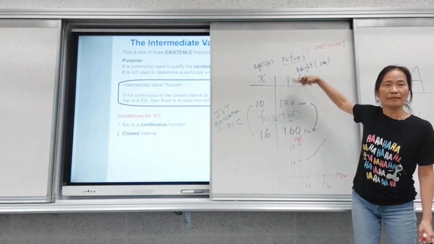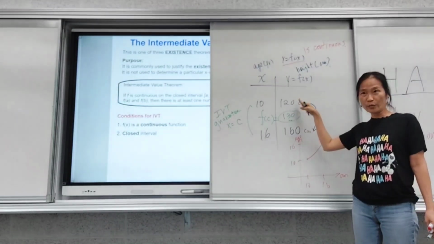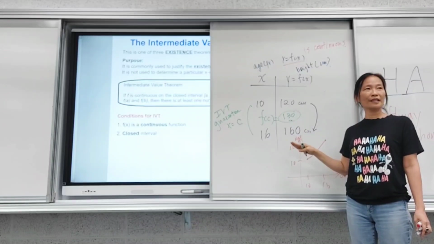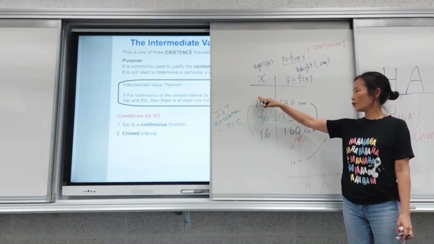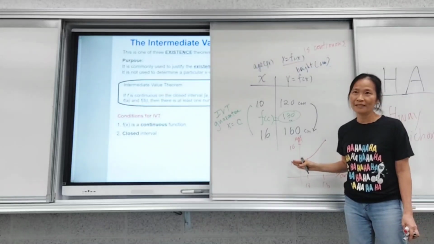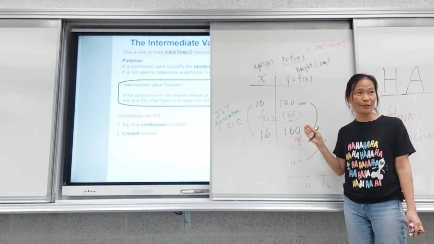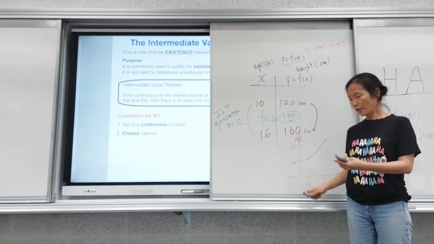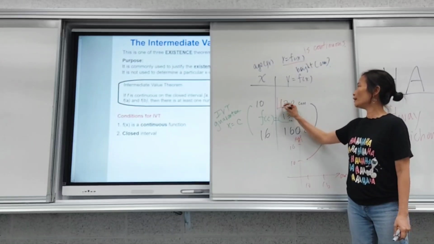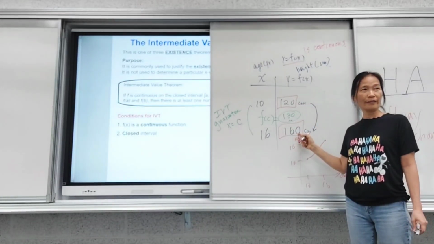No, because that's too low, right? I can only guarantee any number in between 120 and 160. Can IVT guarantee that there is a certain point between age 10 to 16 that she was 170? No way, because that's not within these two values. So the intermediate value theorem is talking about in between the y values, minimum value and maximum value.